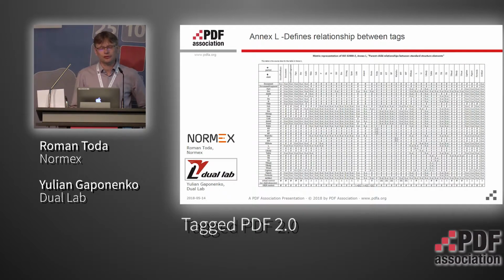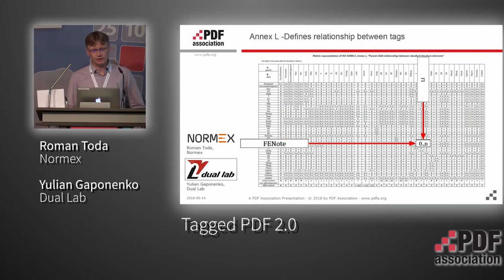With PDF/UA, it got a little better. However, in 2.0, we achieved a semantically precise definition. This table tells you that, for example, LI, which is list item, as a parent, can have 0 to n FE nodes.